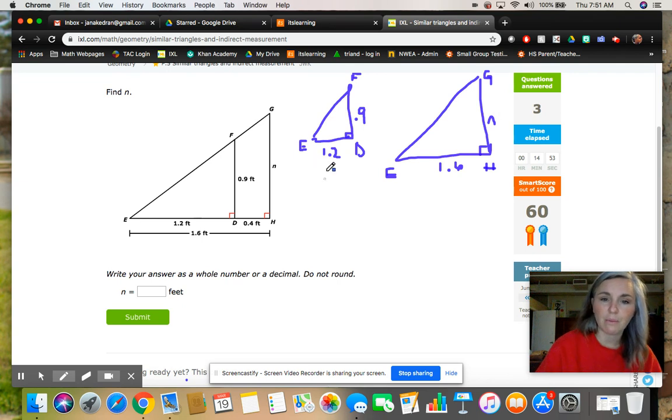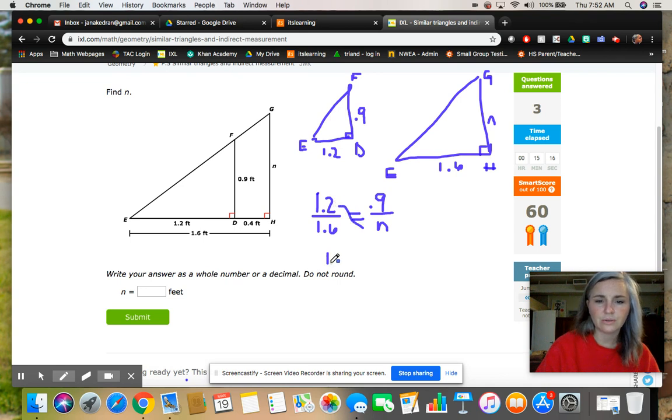Or I can just set up the proportion where I say this leg is to this leg, so 1.2 is to 1.6 as 0.9 is to n, and then multiply.